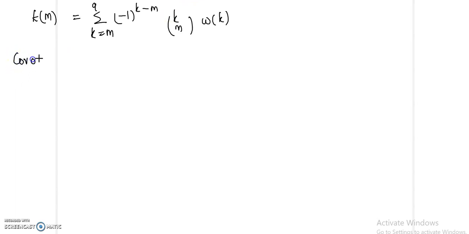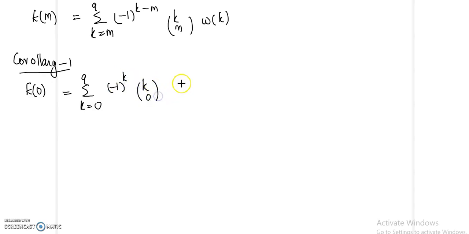So corollary 1 I have. If E of m is equal to this, then E of 0 will be given by summation k equal to 0 to q, minus 1 whole raised to k, k choose 0, omega of k.